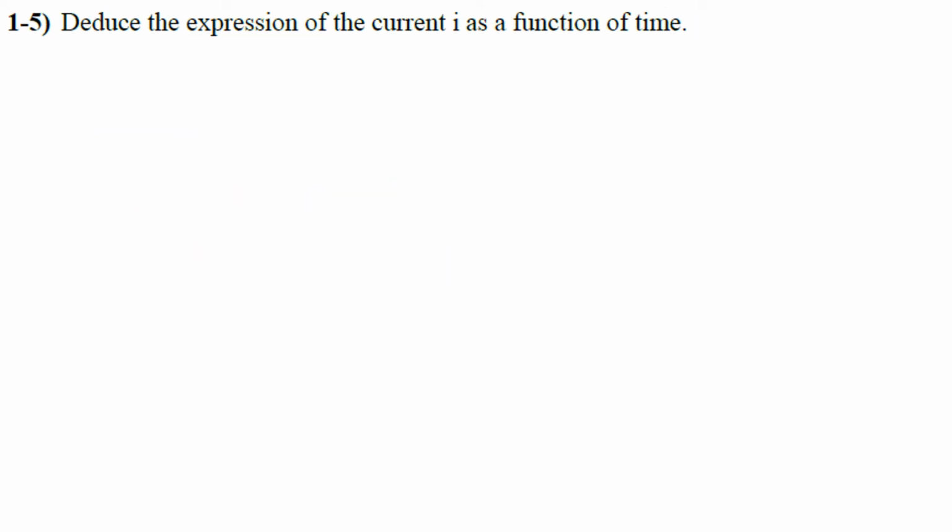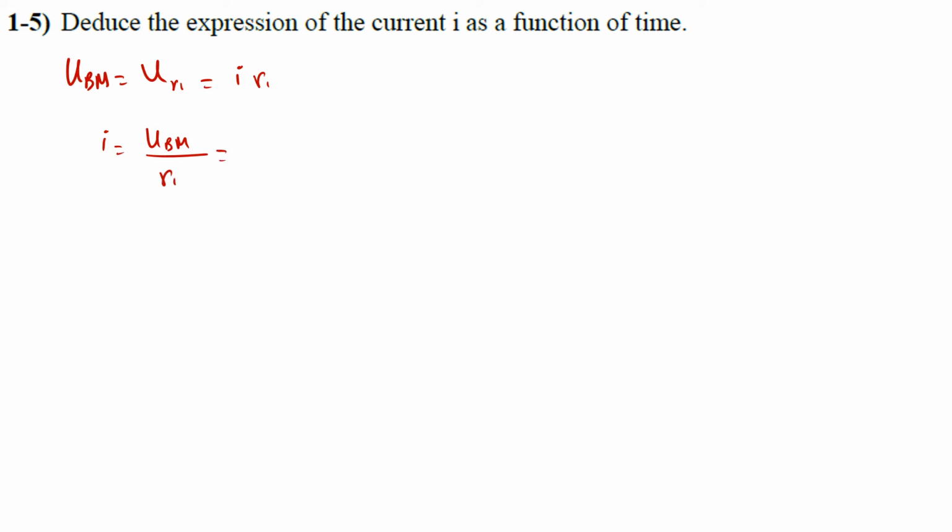Deduce the expression of the current I as a function of time. Okay, again, UBM, which is U across R1, is equal to I R1. So I is equal to UBM over R1.